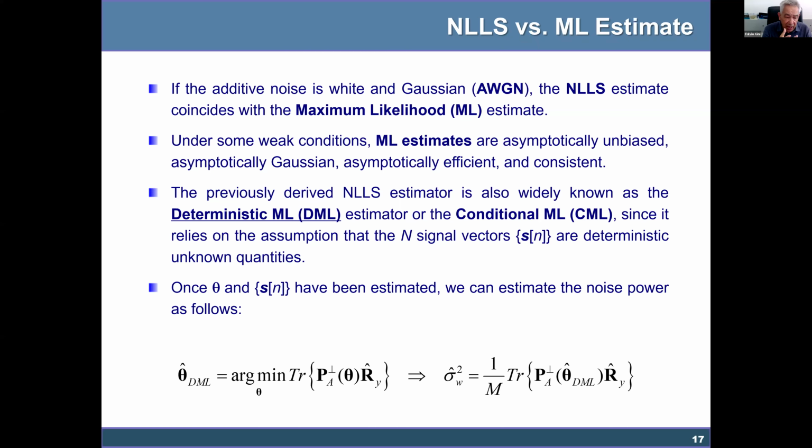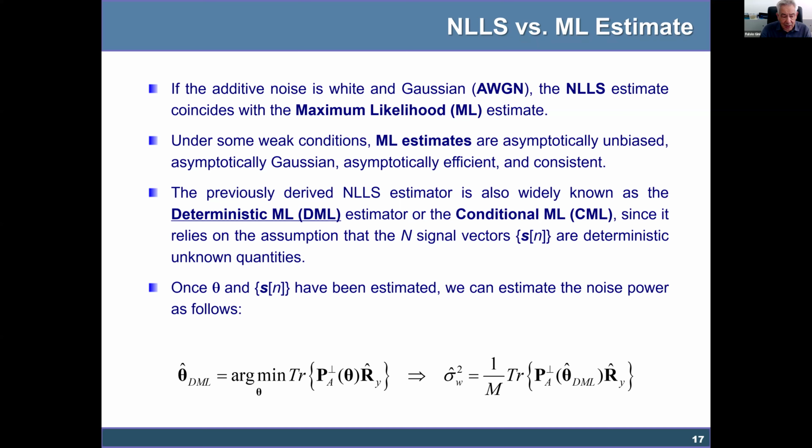Because it has been derived under the assumption that the signal vectors are deterministic. The other possibility, as I told you before, is that we assume that the signals are modeled as a random quantity, unknown random. So far, we assume that they are unknown deterministic.